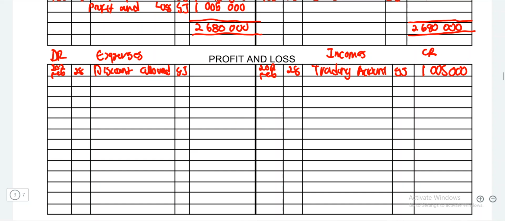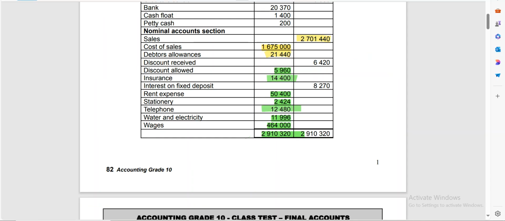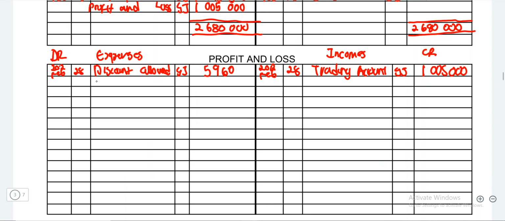So I said I'll debit my profit and loss, so I'm doing that 5,960. And then the next expense that we have is insurance for 14,400. So we'd have insurance here, in the general journal, and then the amount 14,400.